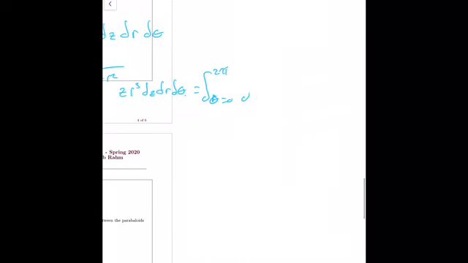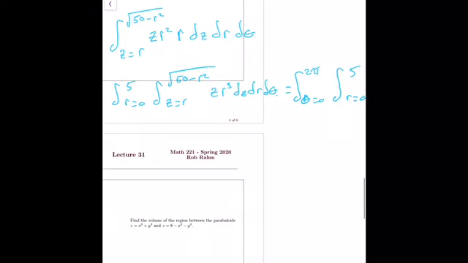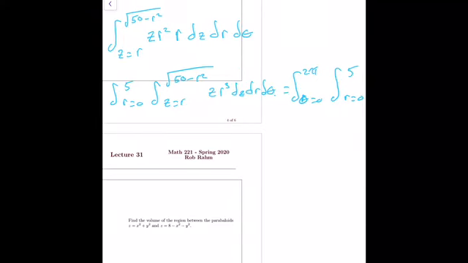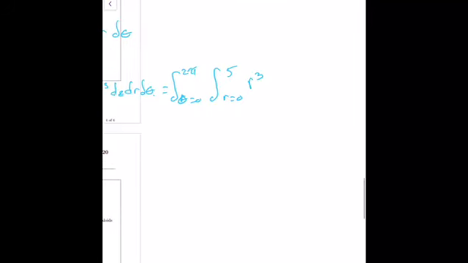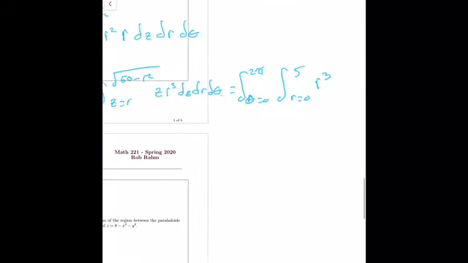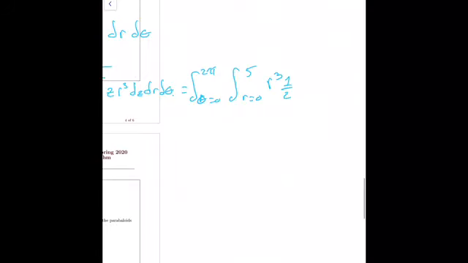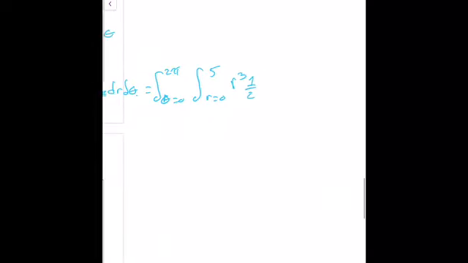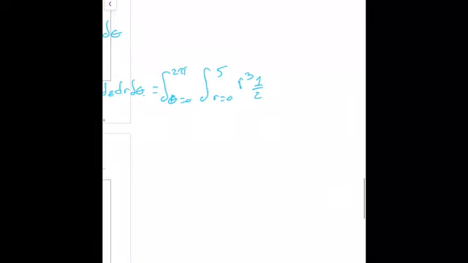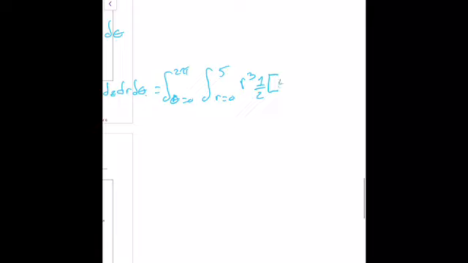For the z integral, the antiderivative of z is z squared over 2. So I'll write the r cubed, z squared over 2, going from r to the square root of 50 minus r squared. So this is 1/2 times (50 minus r squared minus r squared) dr d theta.